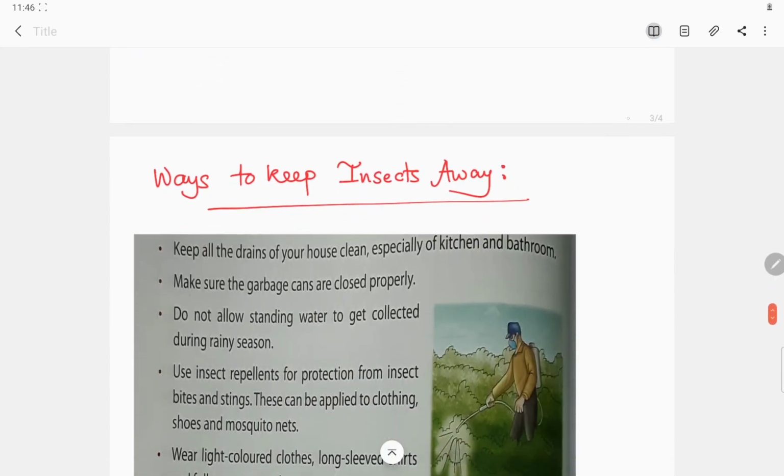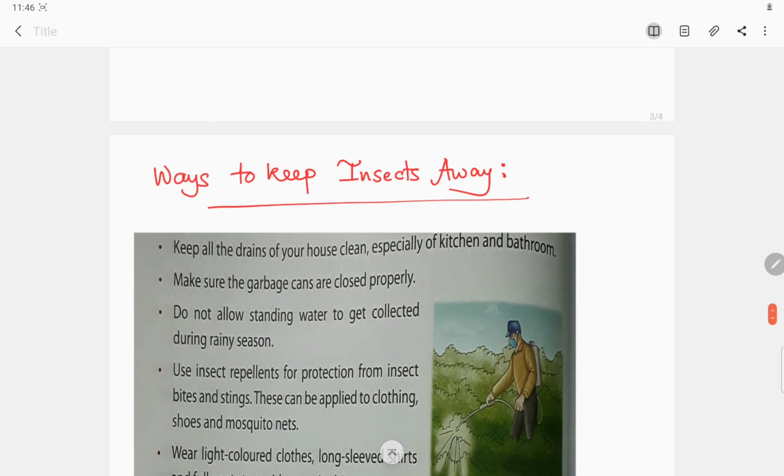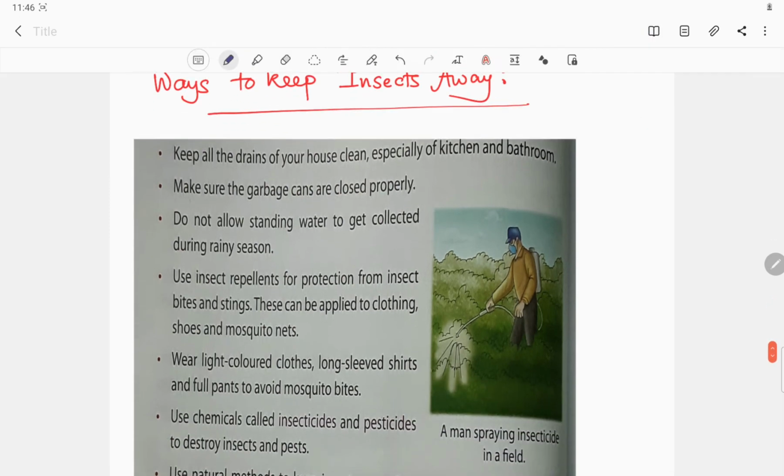Now, some tips to keep insects away. Keep all the drains of your house clean, especially the kitchen and bathroom. Insects transmit germs causing diseases such as cholera, typhoid, malaria, dysentery.